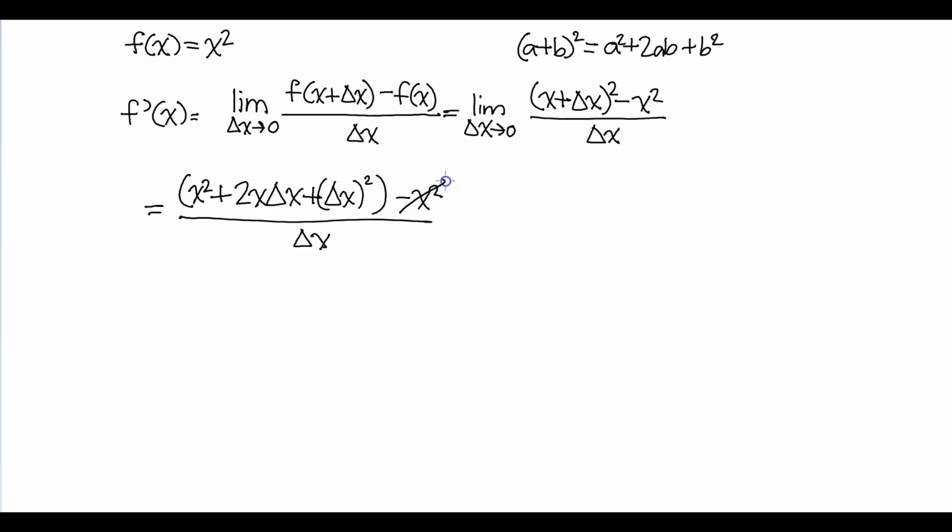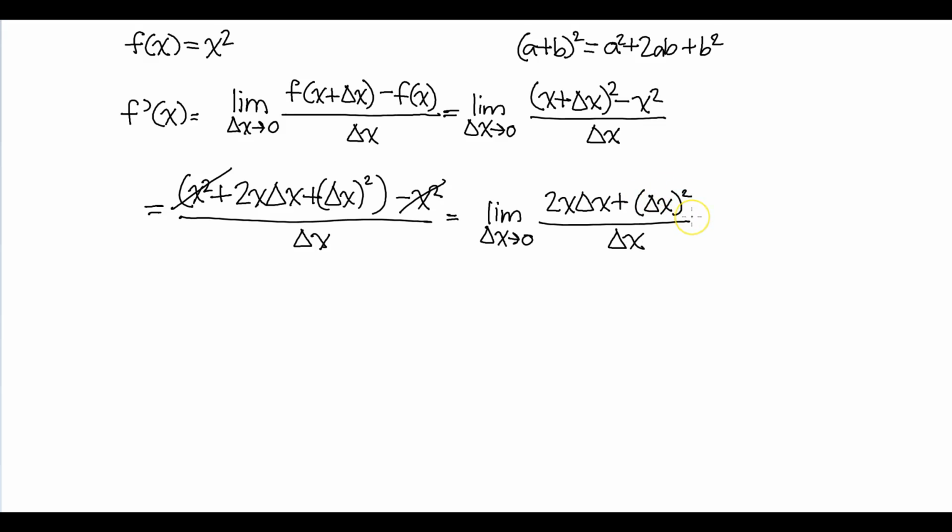So these two subtract out, and so we get the limit as delta x approaches 0 of 2x delta x plus delta x squared, all that over delta x. What we want to do is get rid of the delta x in the denominator, so we don't get a 0 in the denominator.